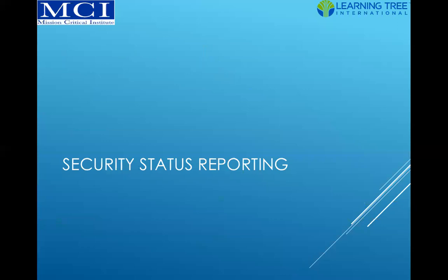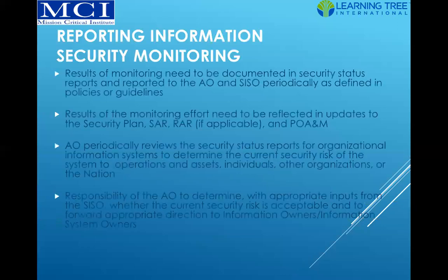Security status reporting. Reporting information security monitoring. Results of monitoring need to be documented in security status reports and reported to the AO and the CISO periodically as defined in policies or guidelines.